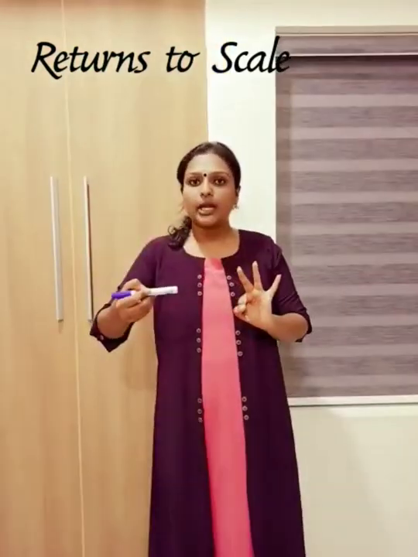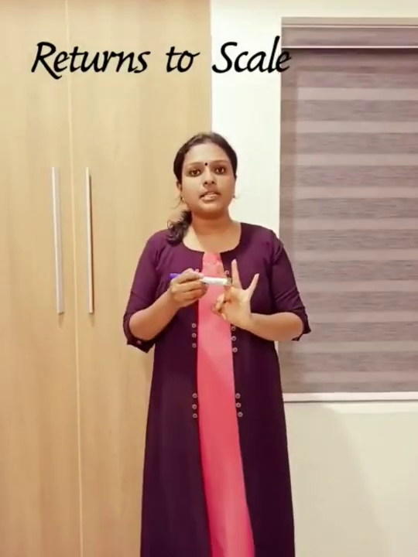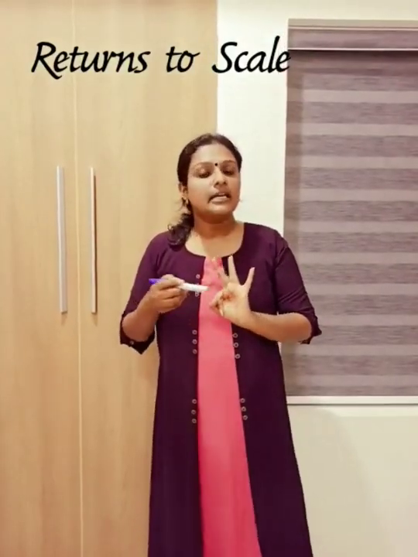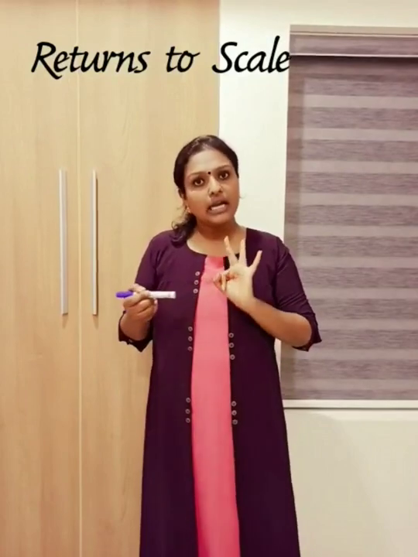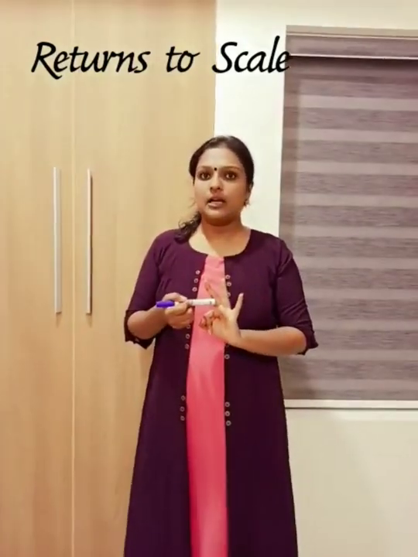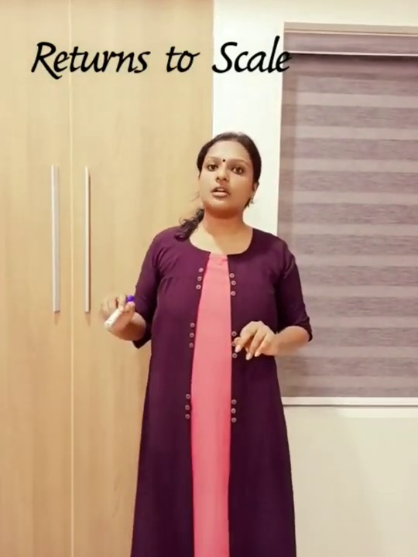And diminishing returns means whatever input you employ, less than that amount of output is generated. That is called diminishing returns to scale or decreasing returns to scale. So these are the 3 concepts: increasing returns to scale, constant returns to scale, diminishing returns to scale.